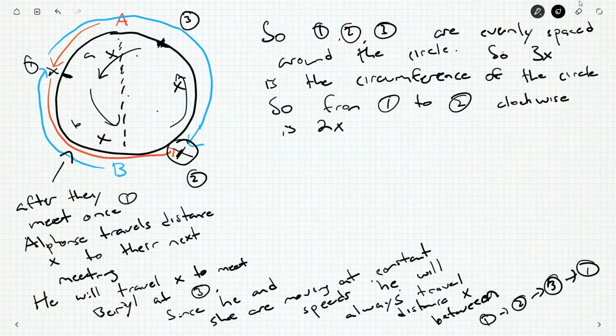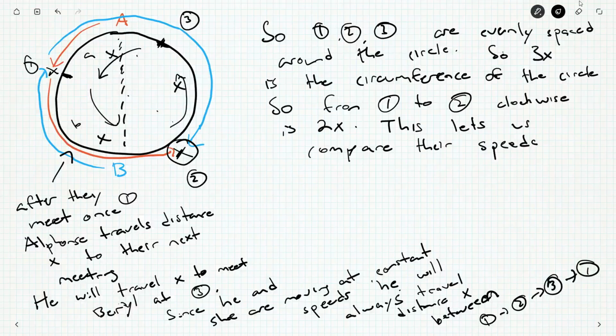Alphonse goes x, so the remaining 2x Beryl must go. And this lets us compare their speeds. We could say something like Beryl travels at b meters per second and Alphonse travels at a meters per second, but it really doesn't matter. Comparing the distance they can go in the same amount of time does the same thing. So Beryl can move a distance 2x in the time that Alphonse takes to go x.